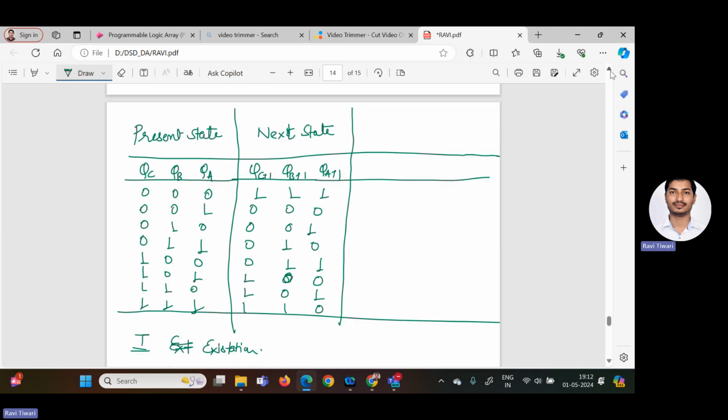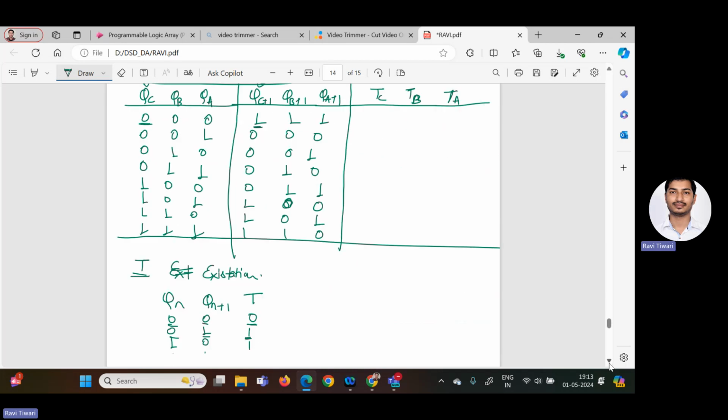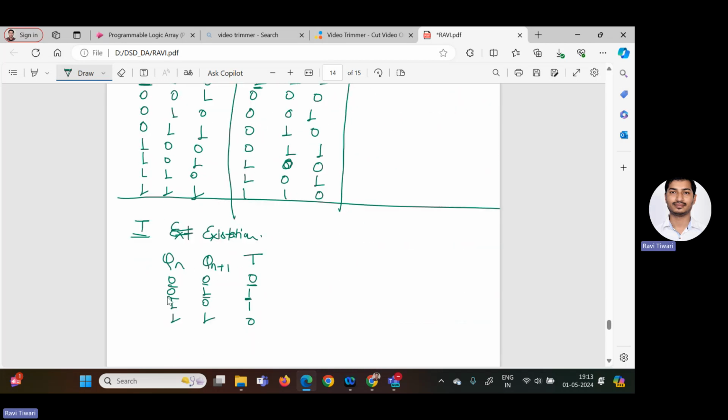To find out the values of TC, TB, and TA, you have to consider the value of QC with QC plus 1 and find out the value of TC. So here, this is 0, this is 1. Now you match with the excitation table. If it is different, that means 0, 1, the output will be 1, right?